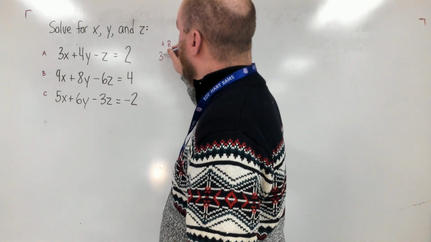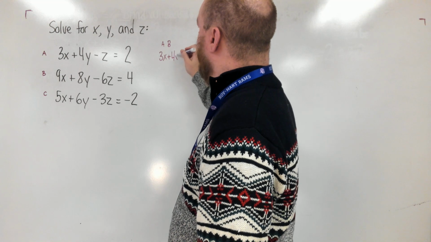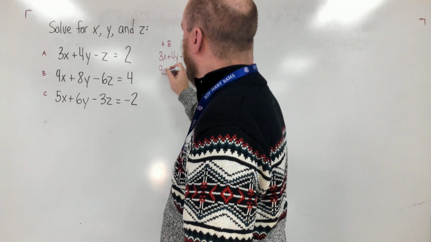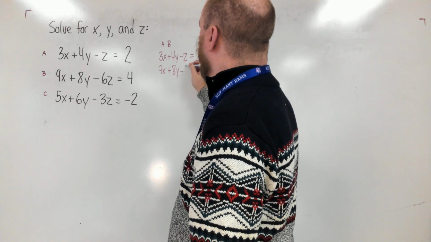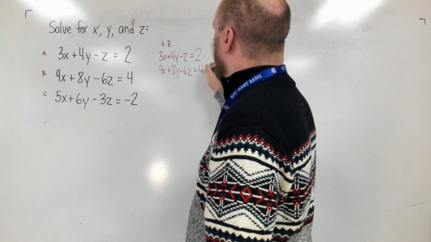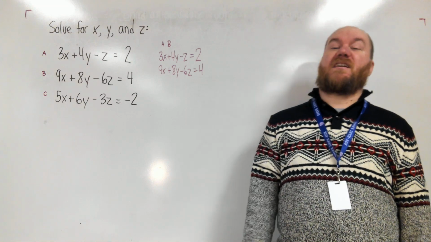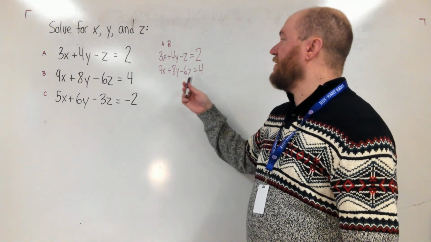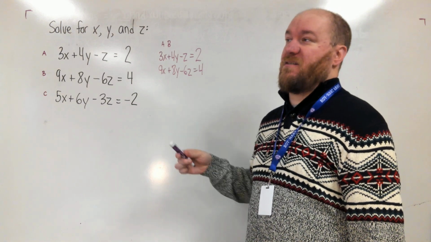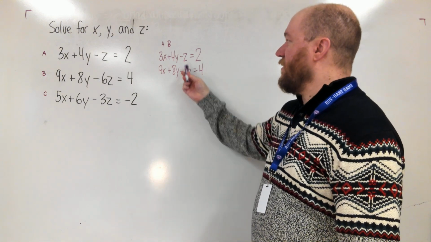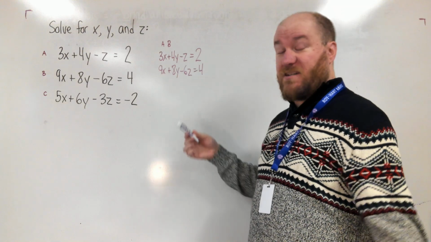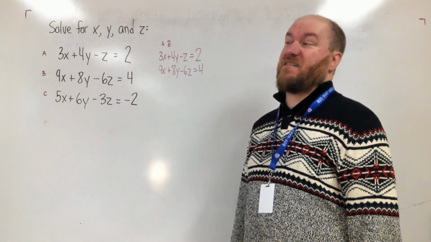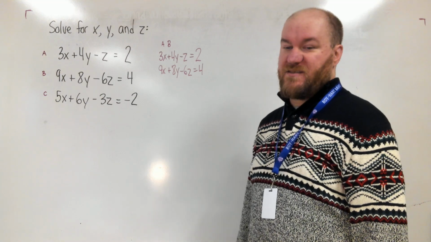So equation A is 3x plus 4y minus z equals 2. Equation B is 9x plus 8y minus 6z equals 4. To use the elimination method, we need the variable I just declared to be the opposite in the other equation. I want to get rid of the z's, so I need one of them to be positive 6z and one to be negative 6z.